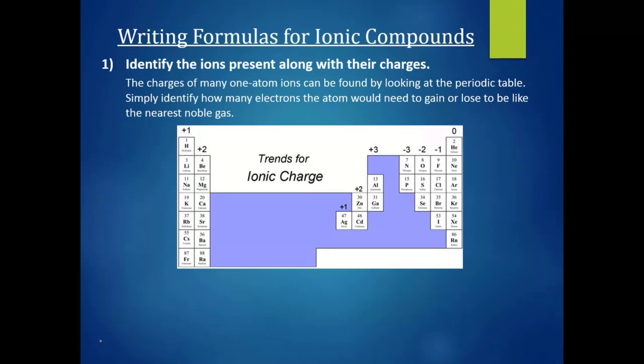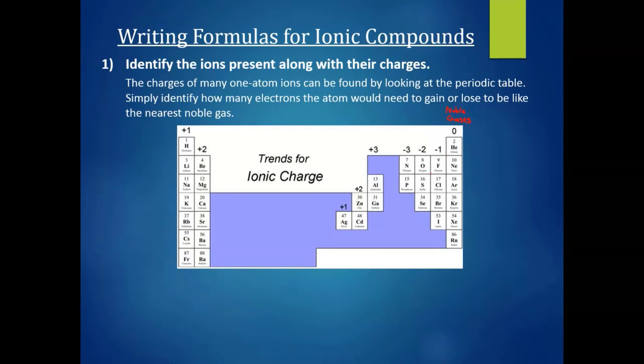Okay, so let's take a look at this. You'll notice that the noble gases, these guys right here, are very happy. They do not form any charges and they don't react with anything either, because they have just the right amount of electrons.